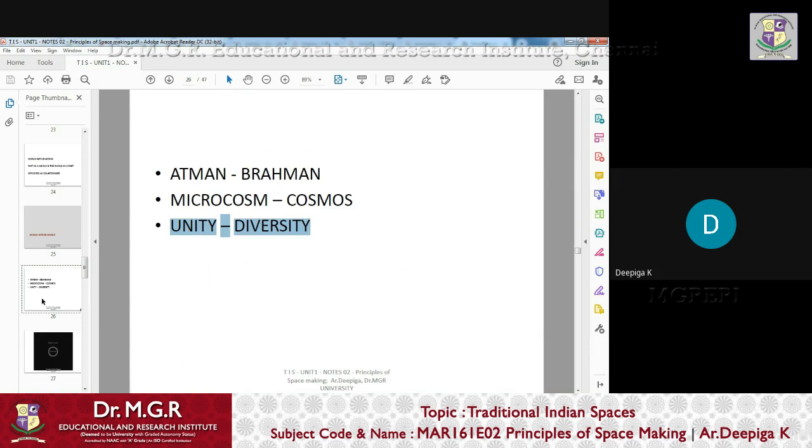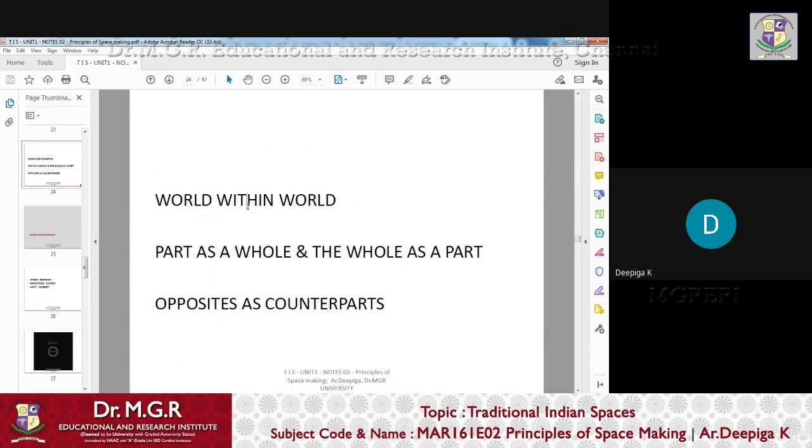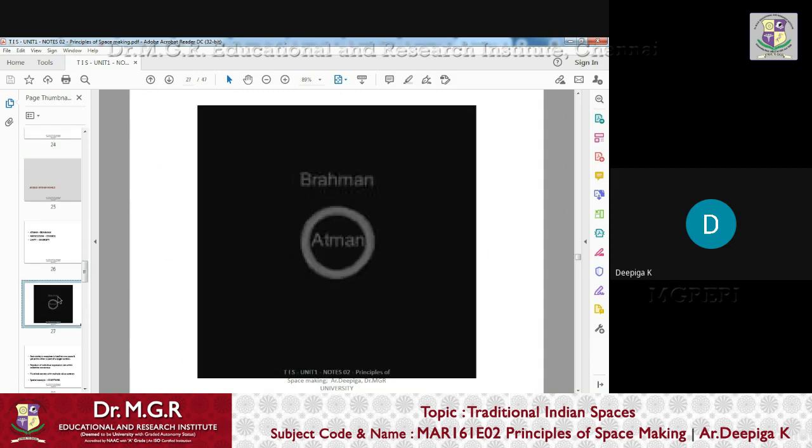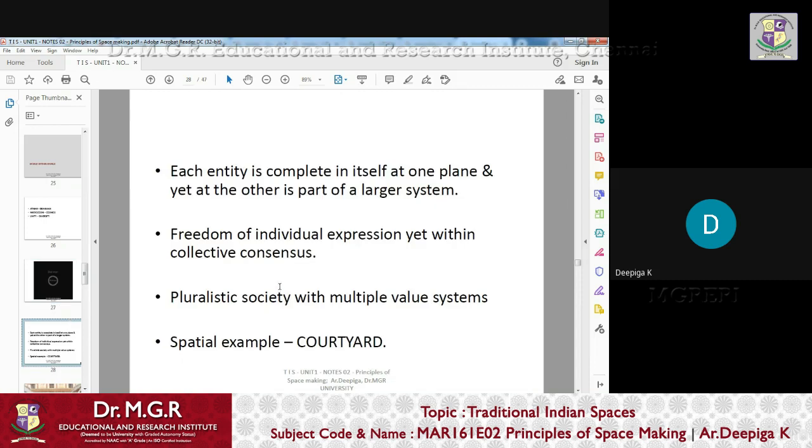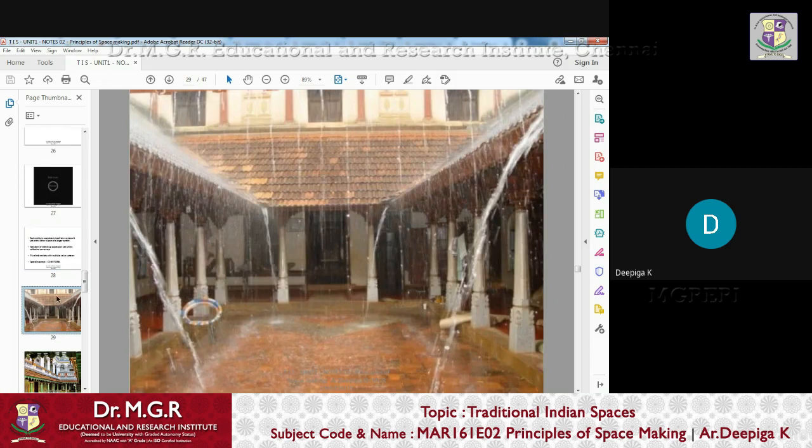Okay. So there will be overlaps. See, world within world, part as a whole, the whole as a part. Everything is overlapping at some point because it's all very subjective. This entire subject and the way I'm approaching it is very, very subjective. So yeah, a courtyard is something like that. In a whole residence, or multiple residences, if you take a Chettinad house, it's a whole extended family of 7, 8 small nuclear families residing together.